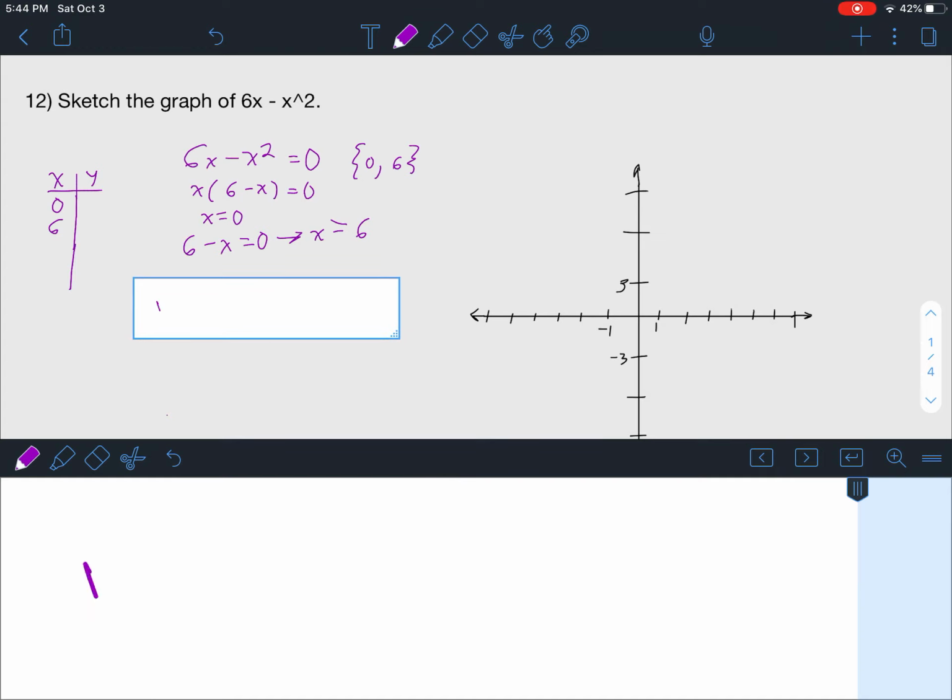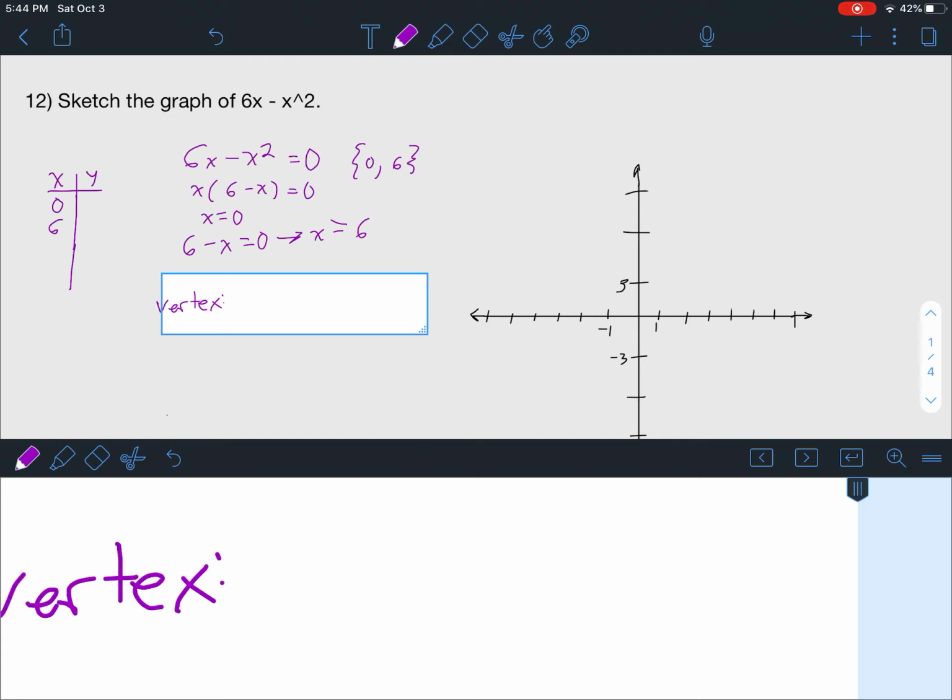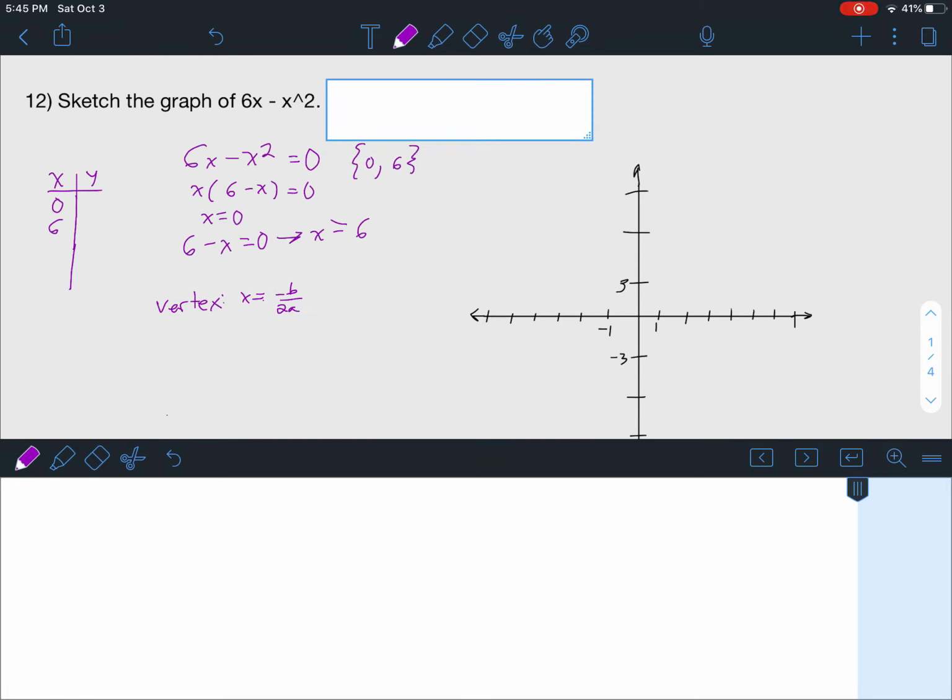Then the vertex will be at x equals negative b over 2a. If you have a general quadratic, it's ax squared plus bx plus c.